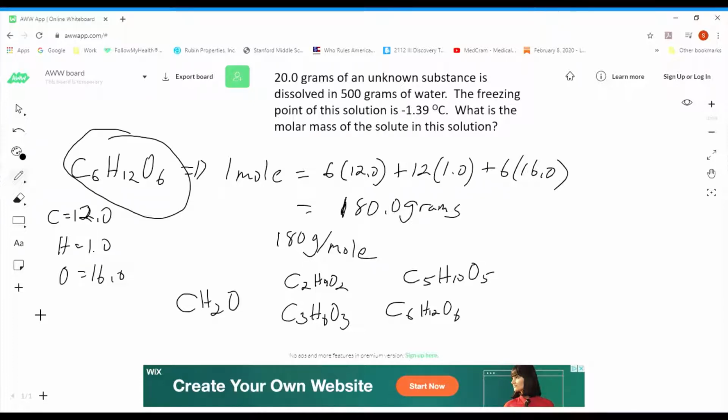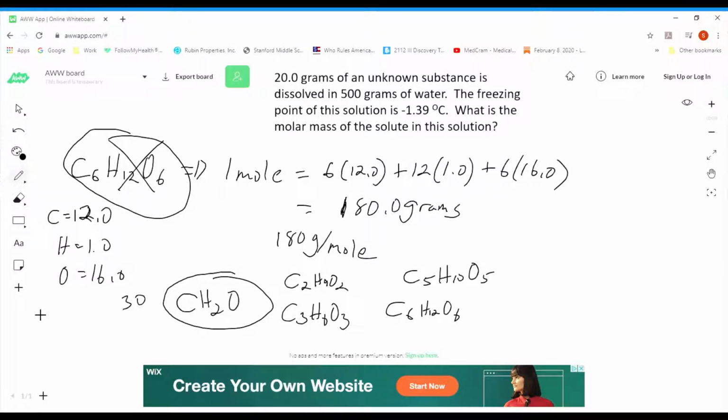In order to do this, you had to figure out what the molar mass would have been. CH2O is about 30. I'm just going to save time: 12 plus 2 plus 16 is 30. You needed to figure out how many of these units there were in the overall formula, since you didn't know the formula at the time.